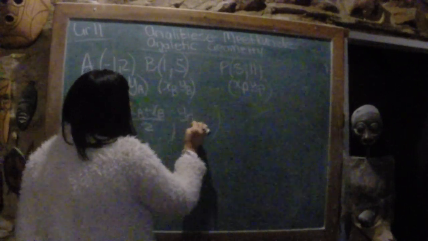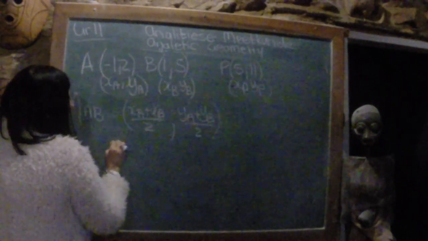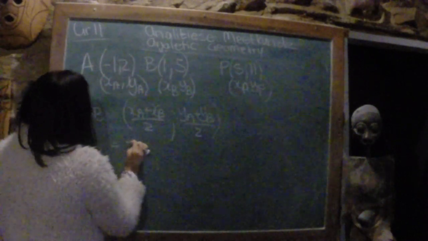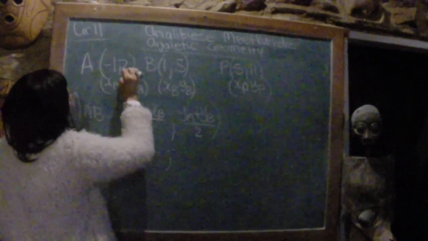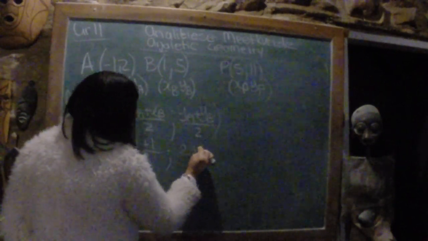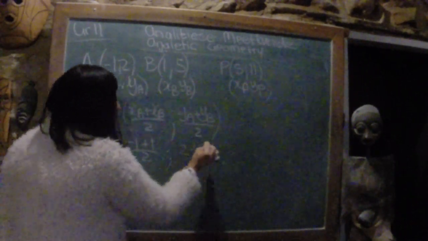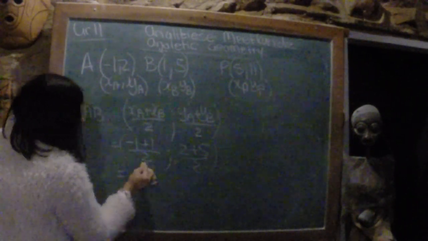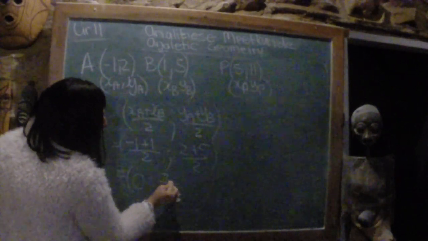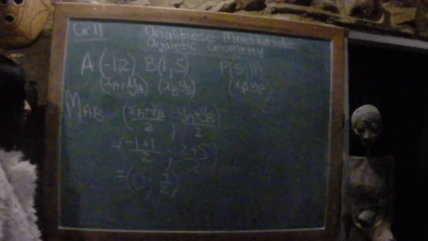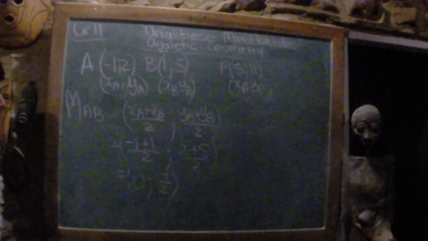Tel die y-waardes bymekaar en ek deel dit deur 2. So ek het XA plus XB, YA plus YB. 2 plus 5 gedeeld deur 2. So die middelpunt gaan wees 0 op 2 wat 0 is en 7 op 2 wat 3,5 is. The midpoint between A and B.